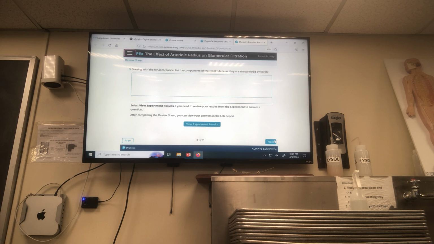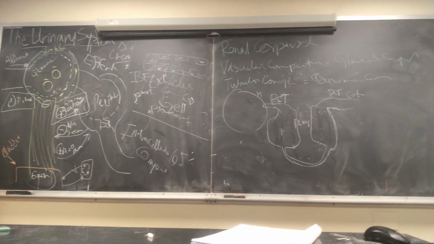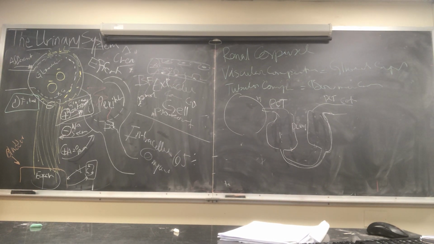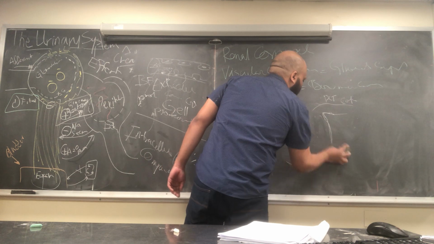If you are thick at the top, thin in the bottom, what does that signify? Round 2. If in your descending and ascending loop of Henle, a portion is thick and the other portion is thin, what does that signify?